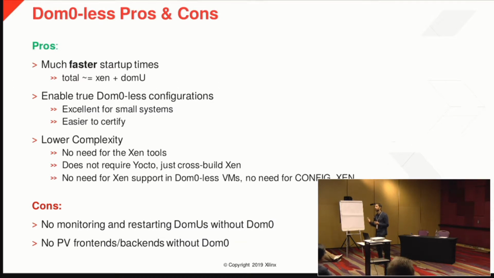There is no need for Xen enablement at all in your guest. Because we don't do PV drivers for these VMs, you don't need special Xen interrupts, special Xen interfaces, nothing. So you can take a Linux built without CONFIG_XEN, completely absent, and it will boot as a DOM0-less VM. Or obviously a QNX kernel, VxWorks, so there is no need for Xen support.